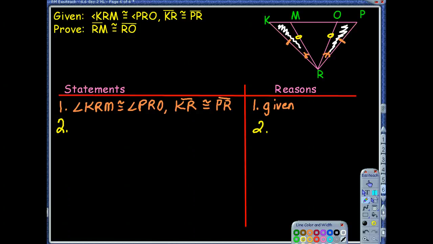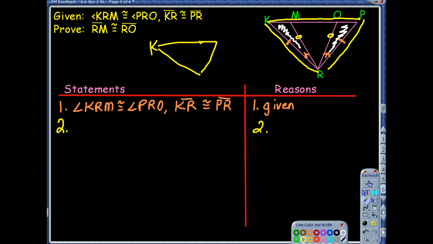I know that when they give me information, they give it to me for a reason. There's not anything when I look at the picture that's reflexive or anything here. But if I look at that as one larger triangle, triangle KRP, I then see that it's isosceles because they tell me that KR and PR are congruent.